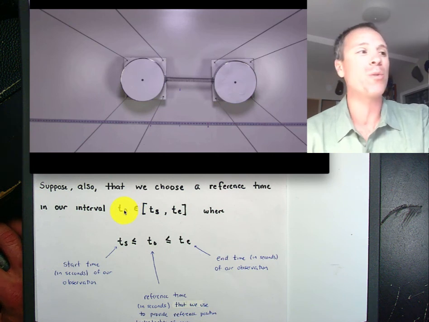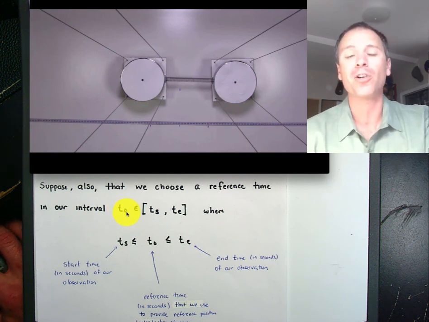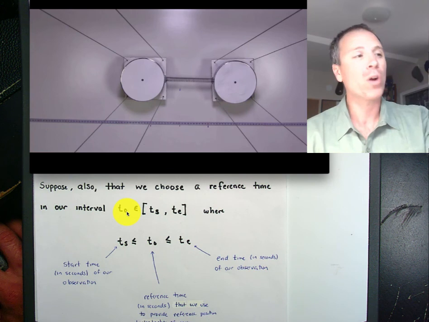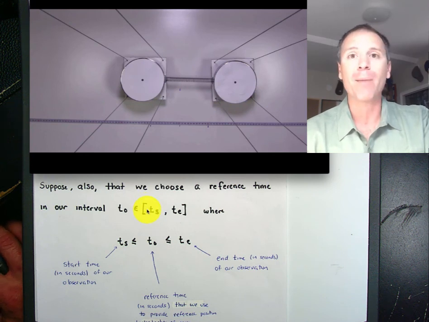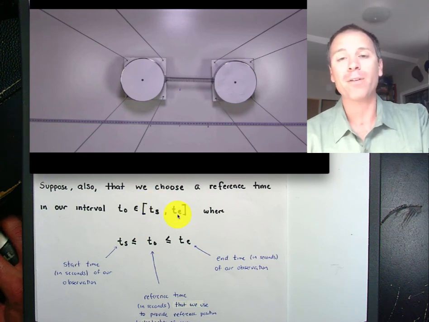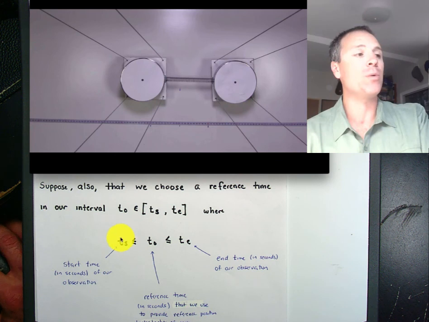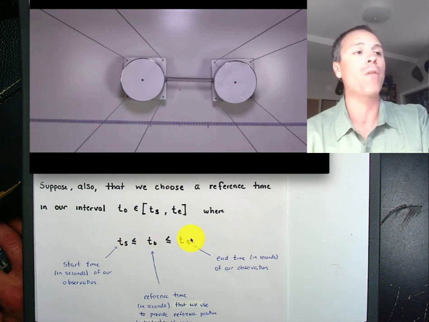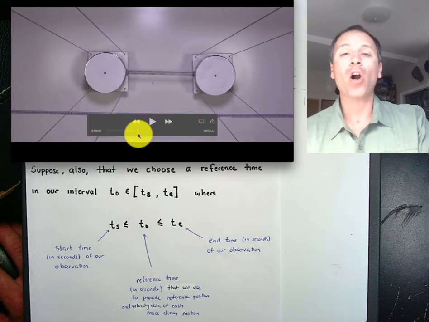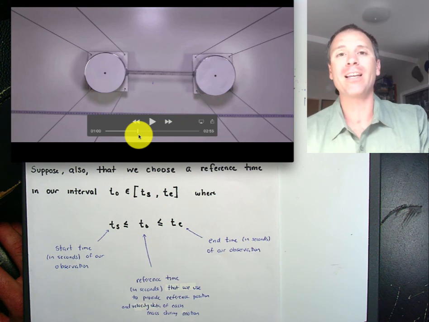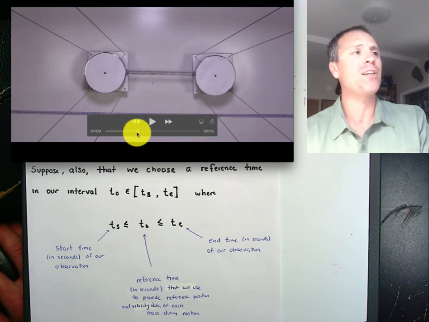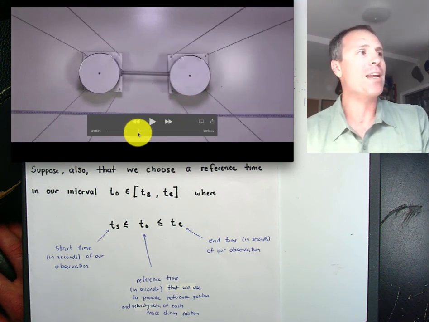In engineering terms, we would say maybe that's the 0 position, so from that point forward. But we're going to keep it general enough in our notation to just say it is a reference time. It's some time between the start time of observation and the end time of observation. In inequalities, we would say the start time is before the chosen reference time, and that's before the chosen end time. For example, our observation goes from 32 seconds to a minute and 32 seconds, and maybe we say to ourselves, okay, let's split the difference and just go to a minute and 1 second.